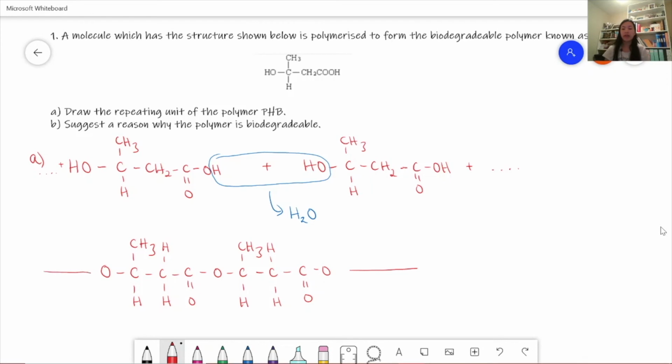Then remember, we have to add these trailing bonds to just signify that it goes on, and then we put a square bracket and then n. So this is our polymer. And actually this polymer is a polyester, and the reason we know that is because of this here. So this is an ester group.